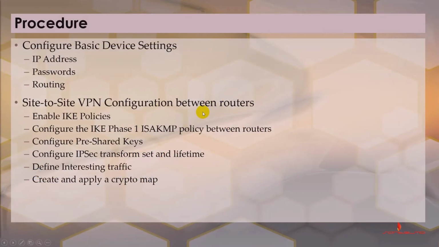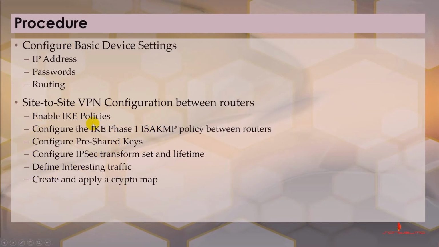How about the procedures and the configuration? In this demo, I have two major procedures. First, we have to configure the basic device settings like the IP addresses, passwords, and of course routing. After that we need to test it before we proceed with the configuration of a site-to-site VPN between the routers. For the VPN configuration using IPsec, we have 6 steps.